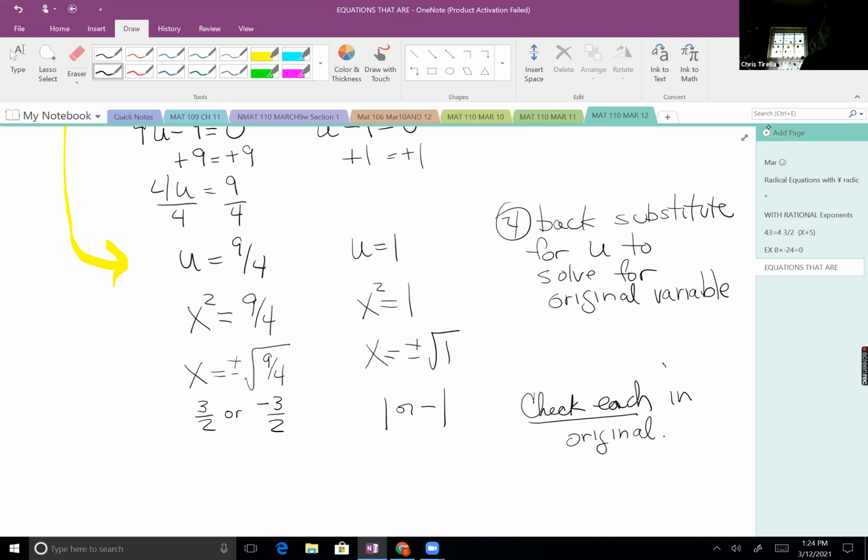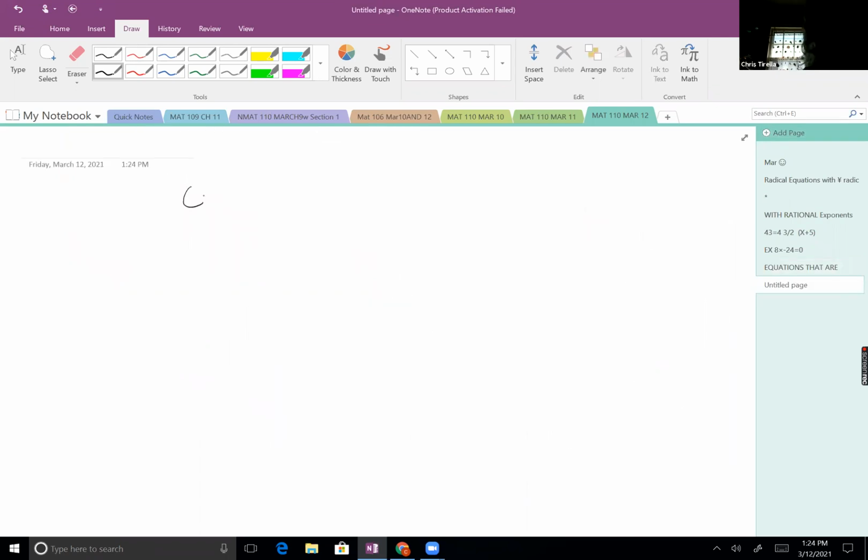Let's look at another example, which is kind of fun because it combines what we know about quadratics with what we know about rational exponents. Let's say I have 2x to the 2/3 plus 7x to the 1/3 minus 15 equals 0.